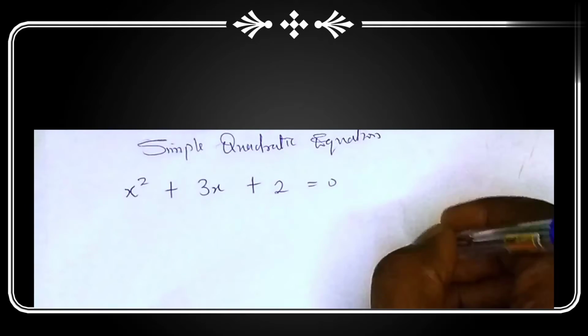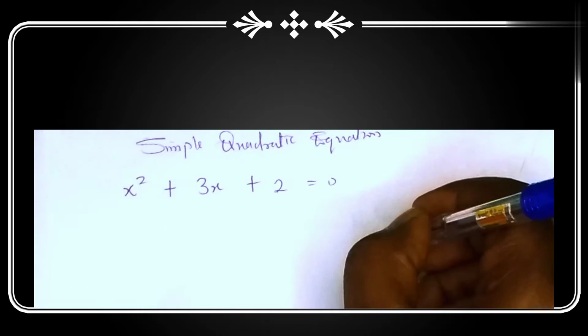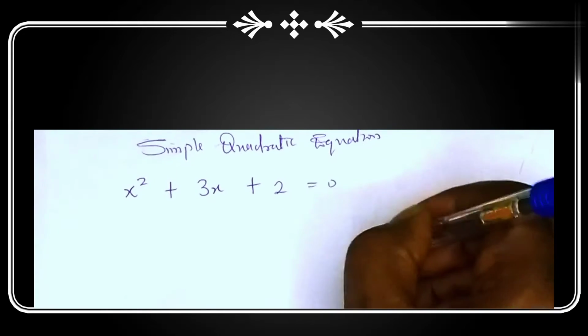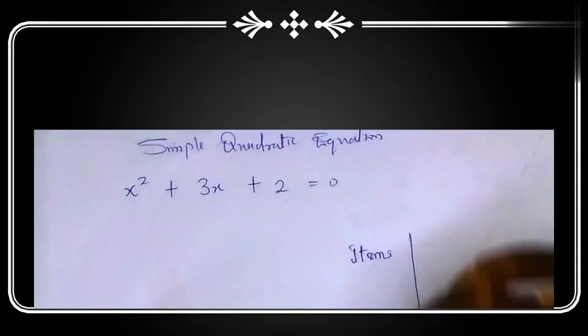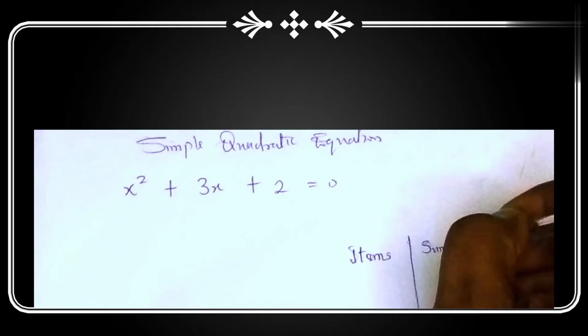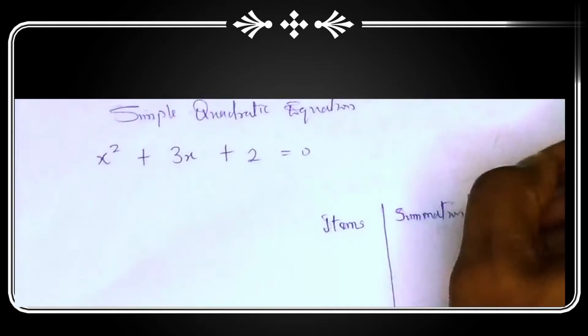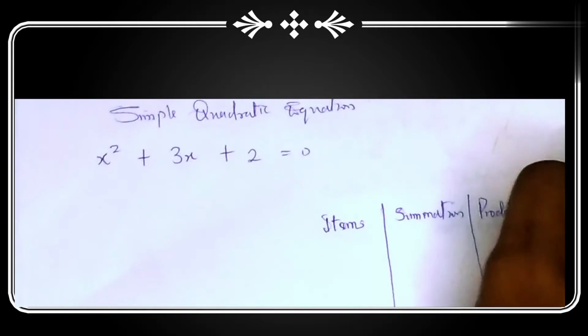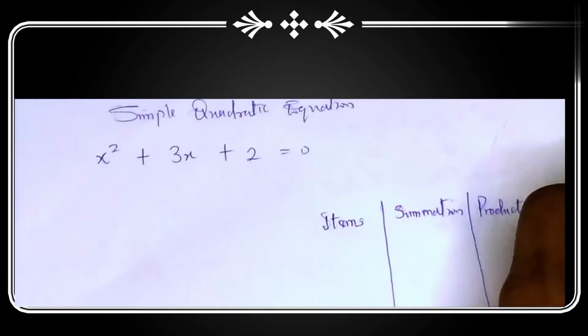Now, let's check on this side. Let's look at something here. We have summation, and here we have product.